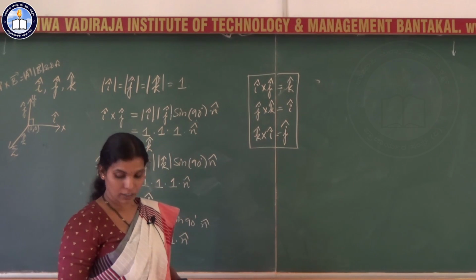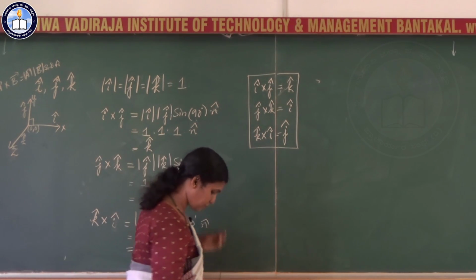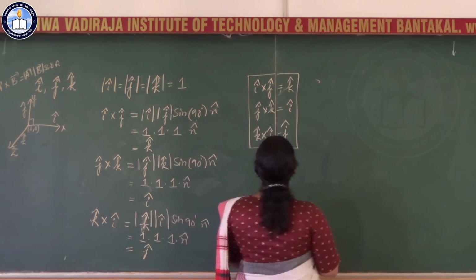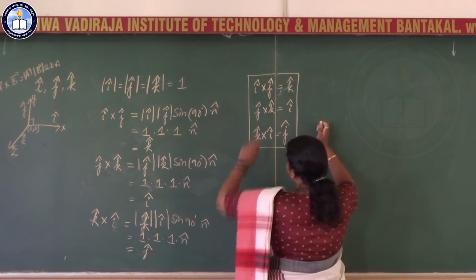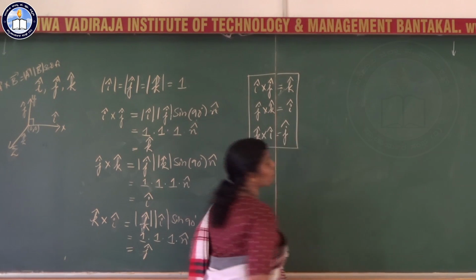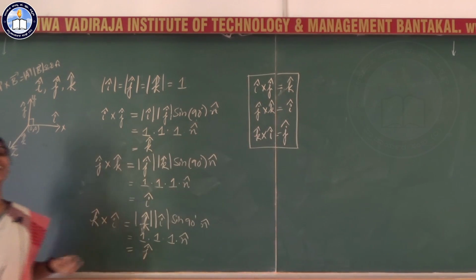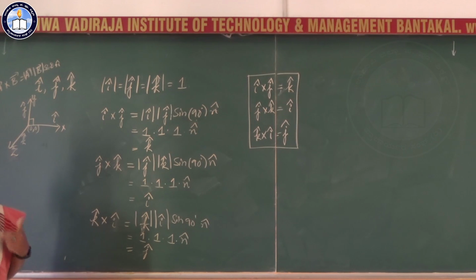Important result. One more result that you have: if I interchange this, we have already seen that the vector product is anti-commutative. If i cross j equal to k cap, then j cross i equal to minus k cap.